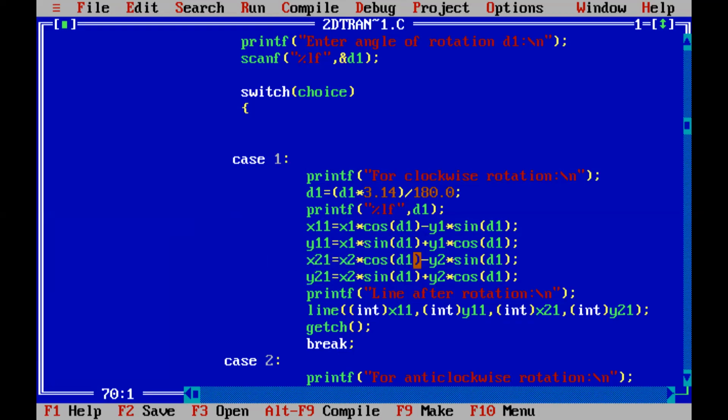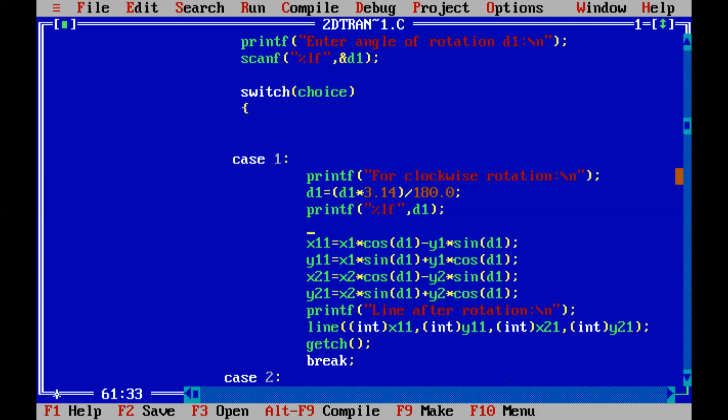Here also x2 becomes negative and y may be positive. X negative and y positive is the second quadrant, and as it is the second quadrant, we cannot display it here, because the whole screen is acting as the positive, that is first quadrant. So I have to make some modifications to divide the screen into 4 quadrants, and then it is possible to display the line. Okay, so I will do those modifications here.